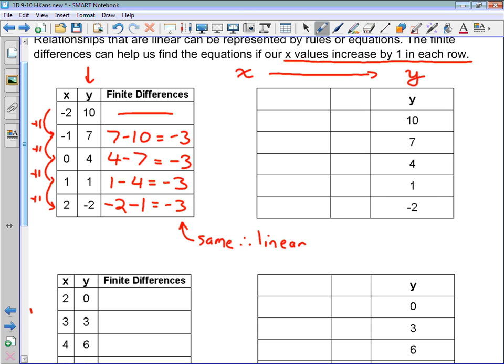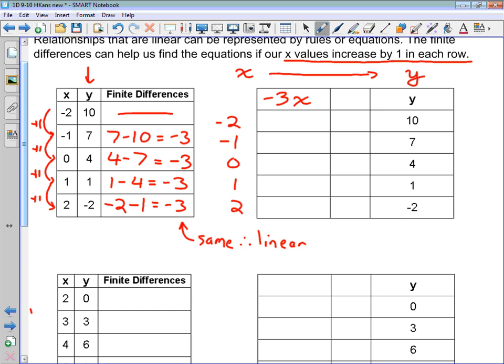The first thing we're going to try doing to our x is multiplying it by this finite difference of negative 3. Negative 3 times x. So we're going to take each one of these x values, negative 2, negative 1, 0, 1, and 2, and see what we get when we multiply negative 3 by that x value.